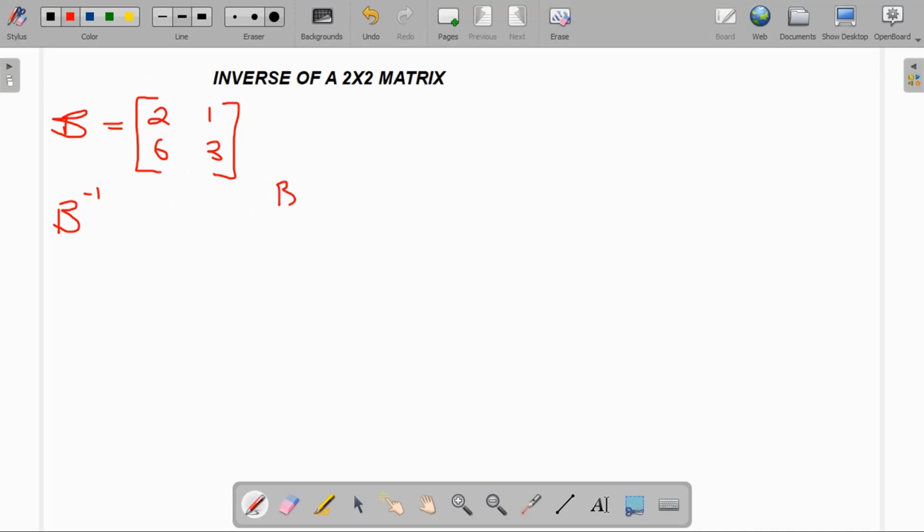So the determinant of B is equal to the major diagonal, 2 multiplied by 3, minus the minor diagonal, 6 multiplied by 1.